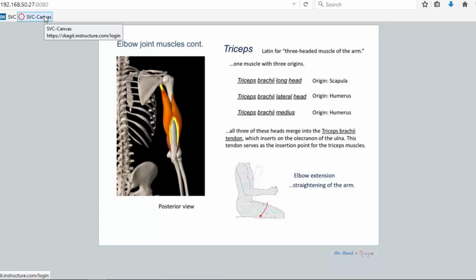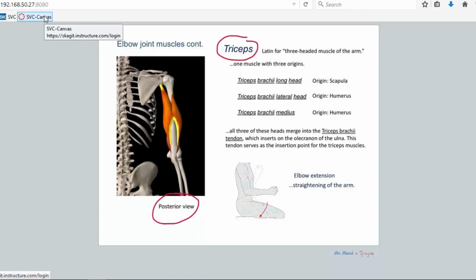Okay, now on the other side of the arm, we have the triceps. So this is a posterior view right here. And the triceps has three different heads. And these are difficult too, and you have to know these.